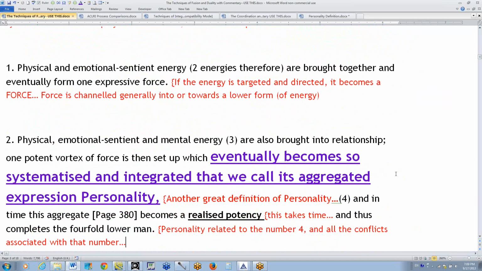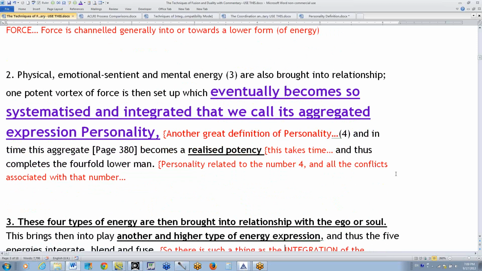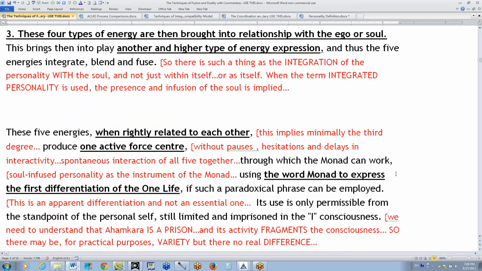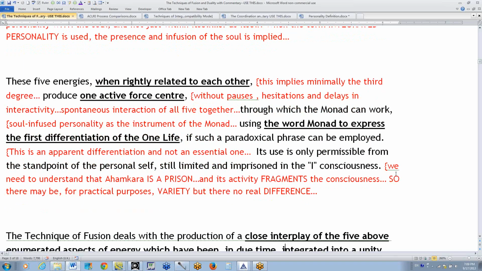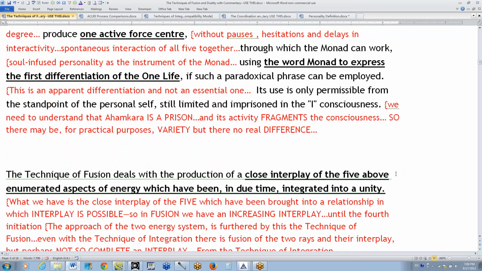So here is the discussion of the coming together of these energies, five of them. When rightly related to each other, they produce a soul integrated personality of a certain degree.